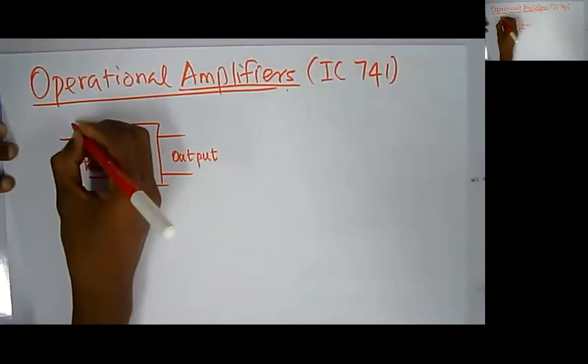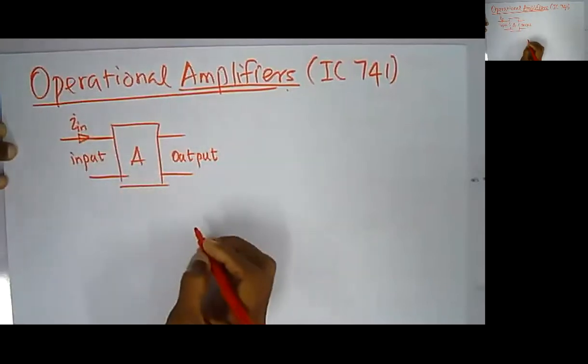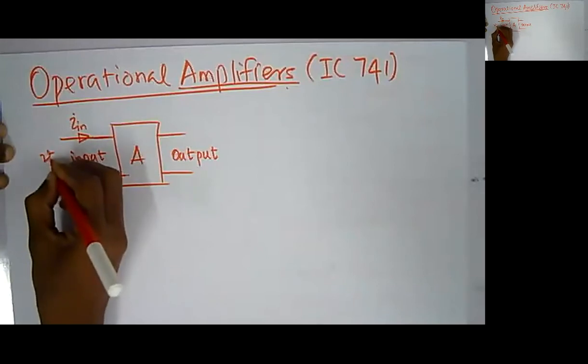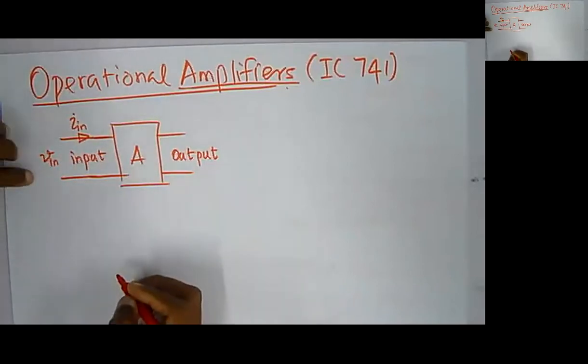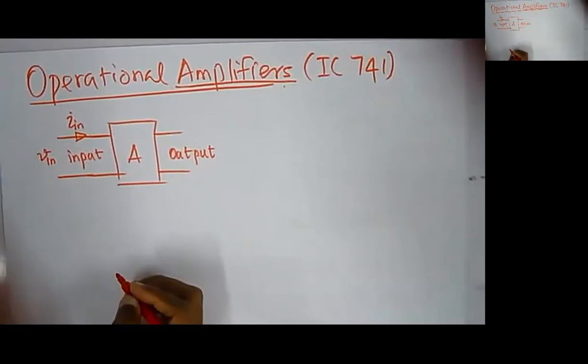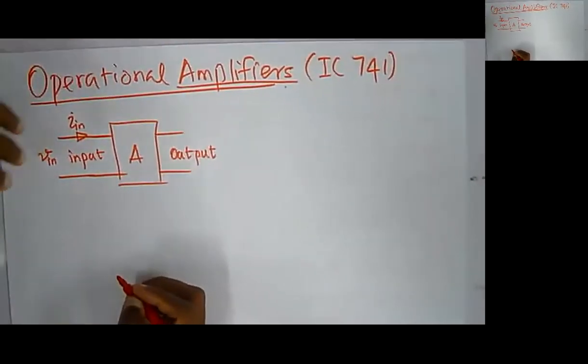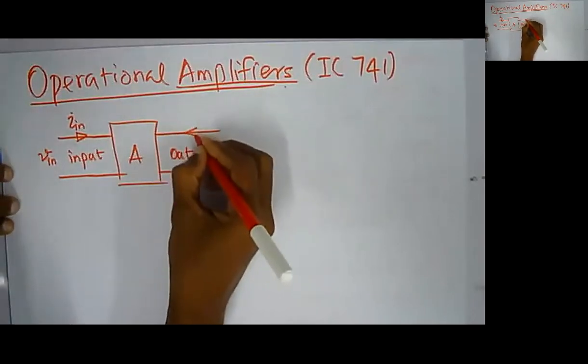And then here you may have your I in, which is input current, and then across these two you will have your V in, which is input voltage.